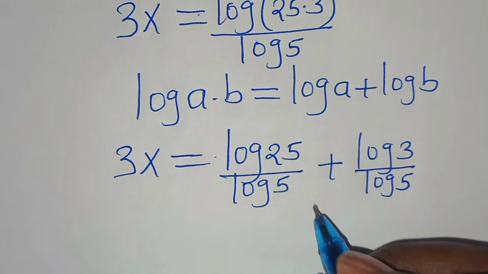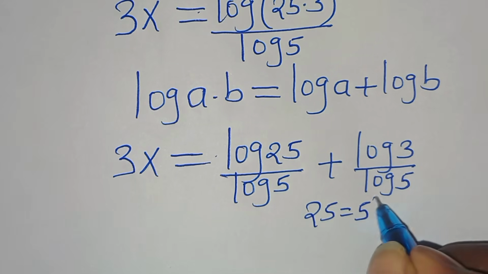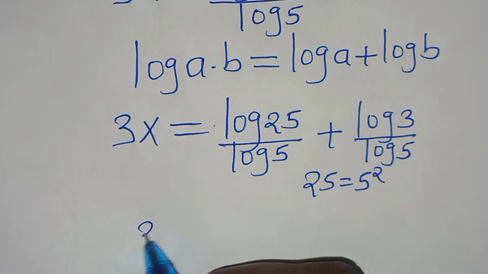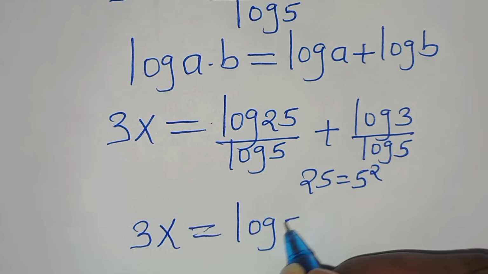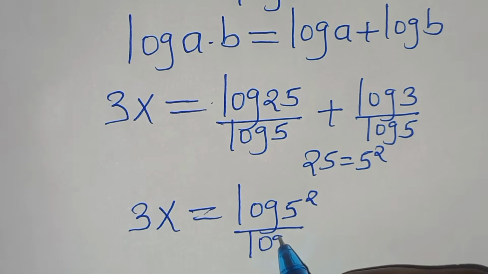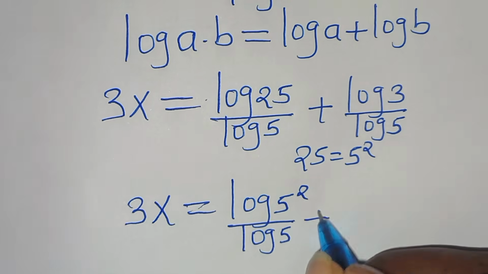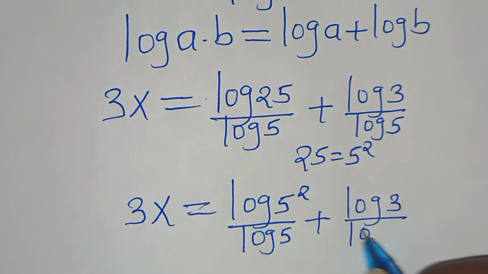Now, we can express 25. This is basically 5 to the power of 2. And this implies that we have 3x. This is equal to log 5 to the power of 2 divided by log 5. Then plus log 3 divided by log 5.